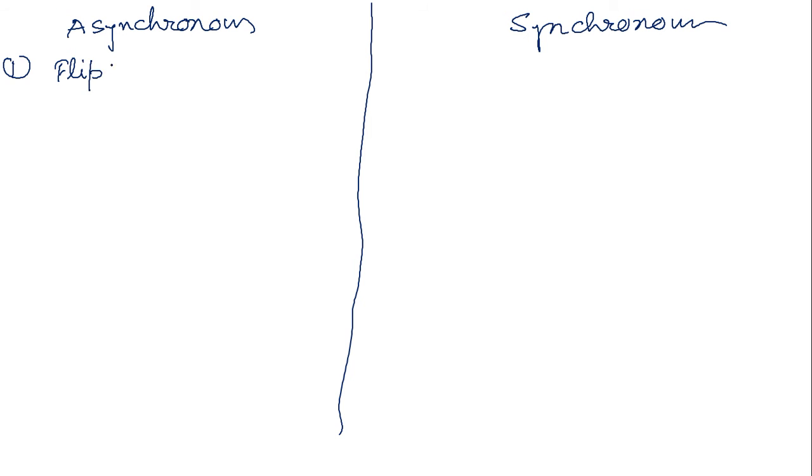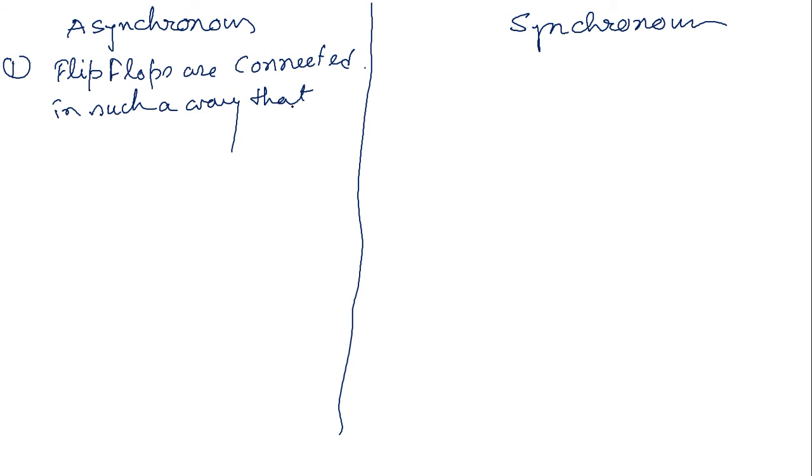So the first difference between asynchronous and synchronous: in the case of asynchronous, flip-flops are connected in such a way that the output of the first flip-flop drives the clock of the next.